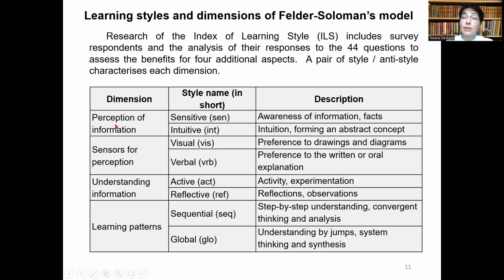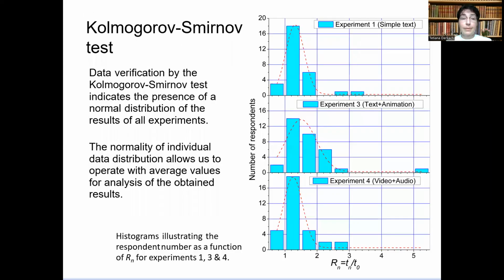A pair of style versus anti-style characterizes each dimension. Knowledge of learning preferences allows us to establish correlation with cognitive loads when using different electronic resources. Such correlations will serve as a tool for optimizing electronic resources for teaching.